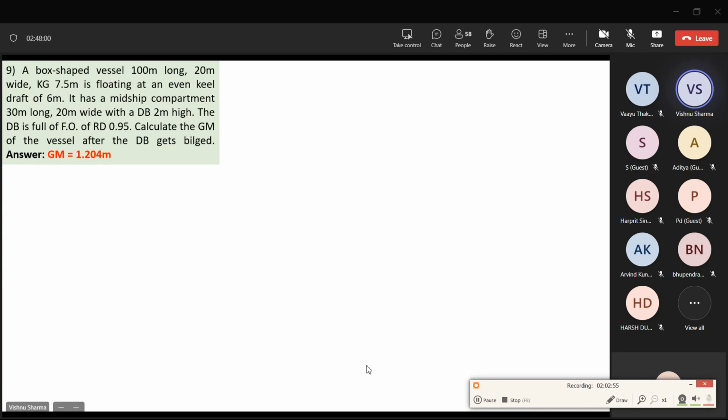No problem. A box-shaped vessel, 100-meter long, 20-meter wide. Our standard ship, KG 7.5, is floating on even keel at a draft of 6 meters.